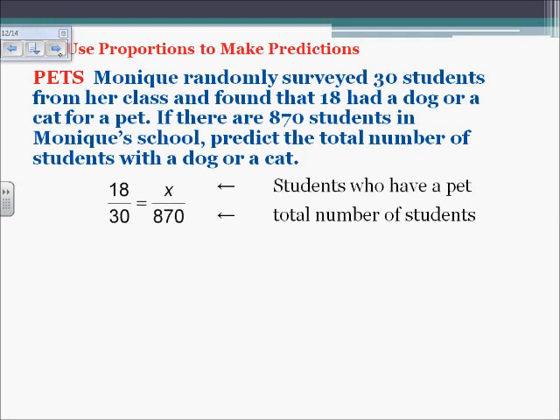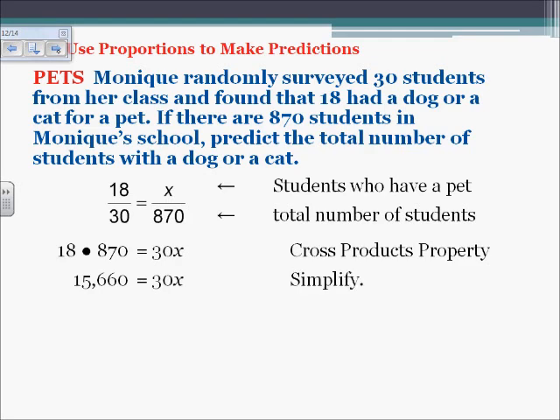18 students who have a pet, and the total number in her class is 30. We don't know how many students in the whole school have a pet, that's the x there, but we do know there's 870 students overall. So we have 18 to 30 is equal to x over 870, and we want to use this to accurately predict how many have pets, so we cross multiply. 18 times 870 is equal to 30x.